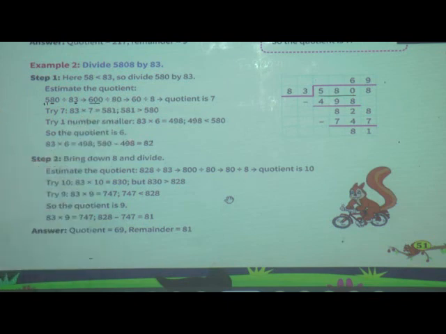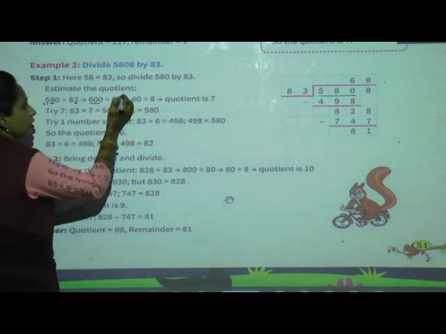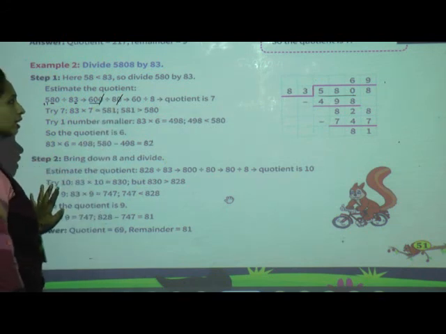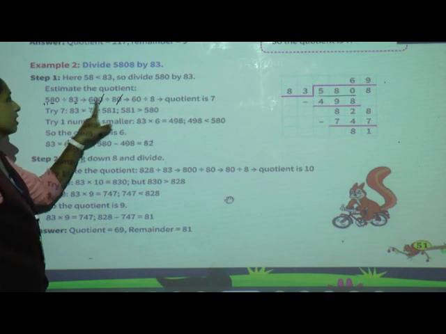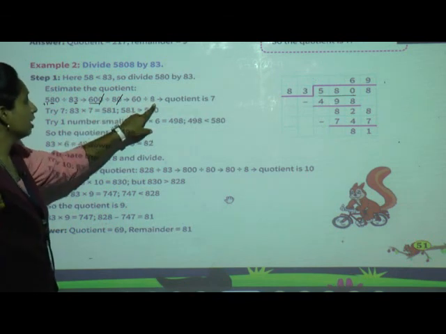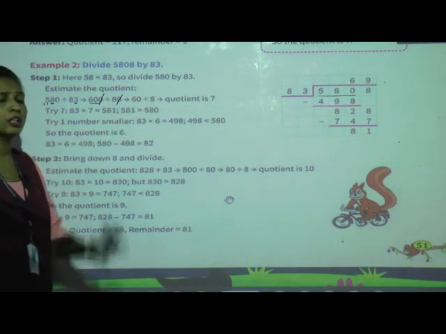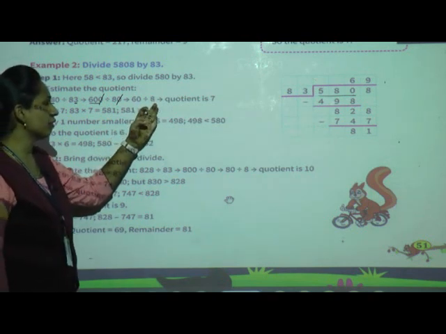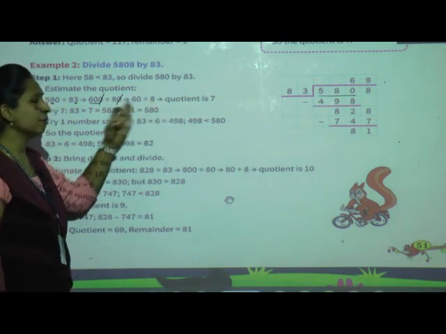Okay. Now what can we do here? We can cross 1 zero each to make this division very easy. So we have 60 and 8. Now 60 and 8, what quotient will come? Yes, it is very easy. Now you have to see in the 8 table where 60 is.